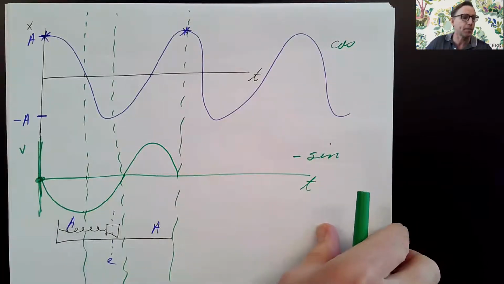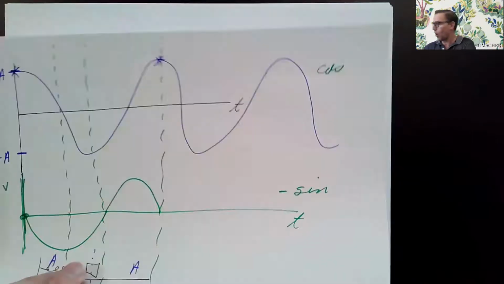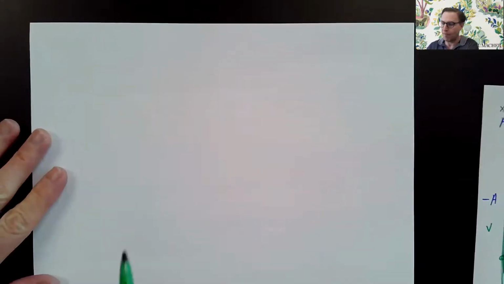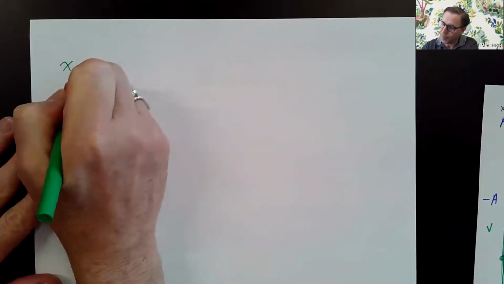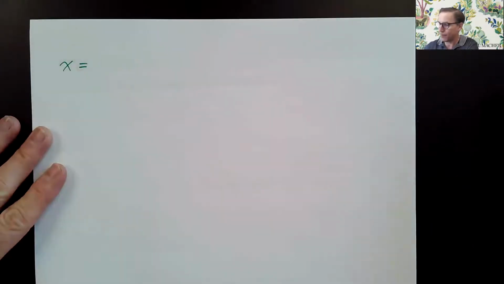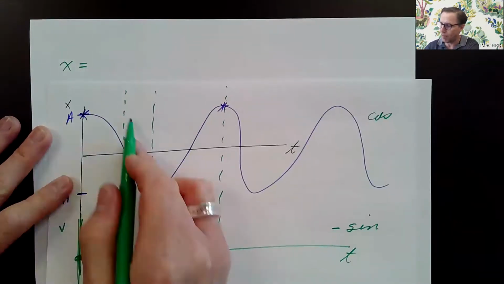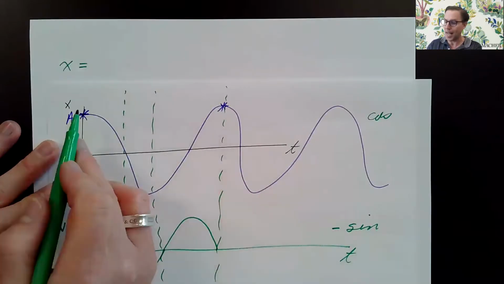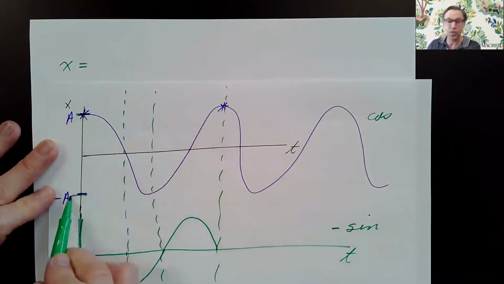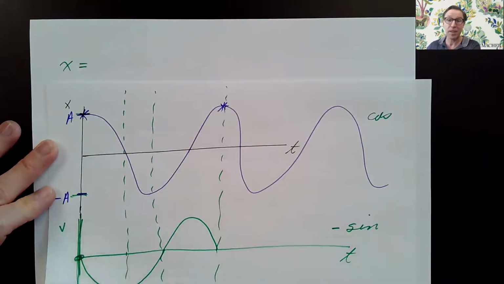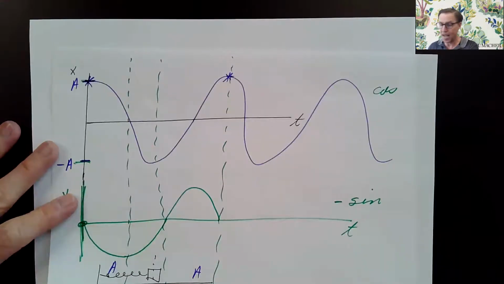All right, let's look at one more thing mathematically. In general, this is the position graph. Now, a regular cosine has a height or an amplitude of 1, but it's not always the case when I have a block that I pull 1 meter to the right before I start.